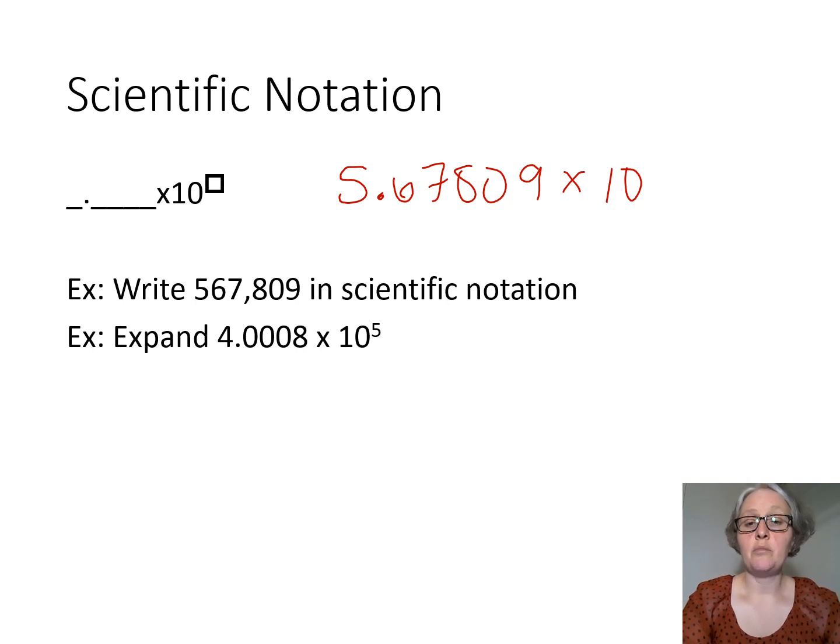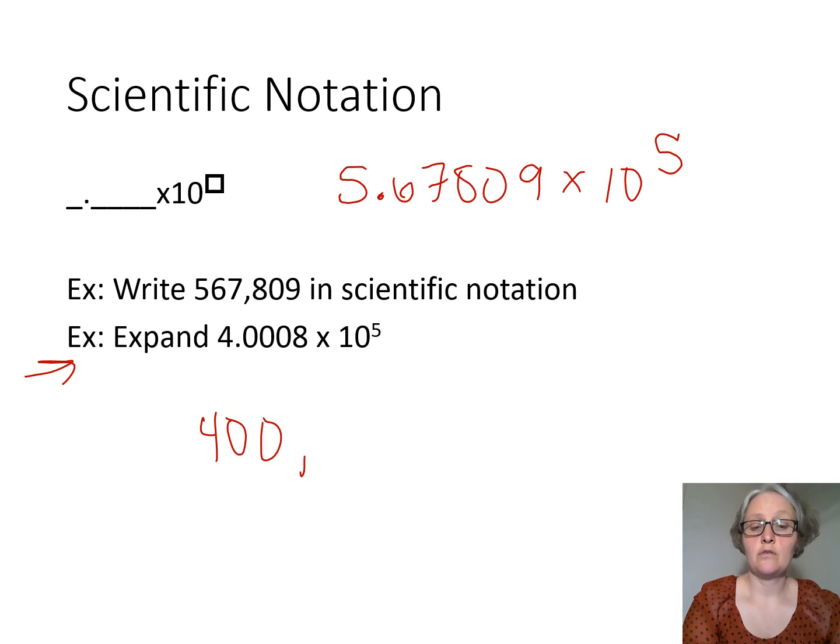We then look at how much the decimal point moved from our original number to the scientific notation number, and it moved 1, 2, 3, 4, 5 places, and so this becomes 10 to the 5th. We can also expand numbers. 4.0008 times 10 to the 5th becomes this. We can see that our decimal point moved 5 places.